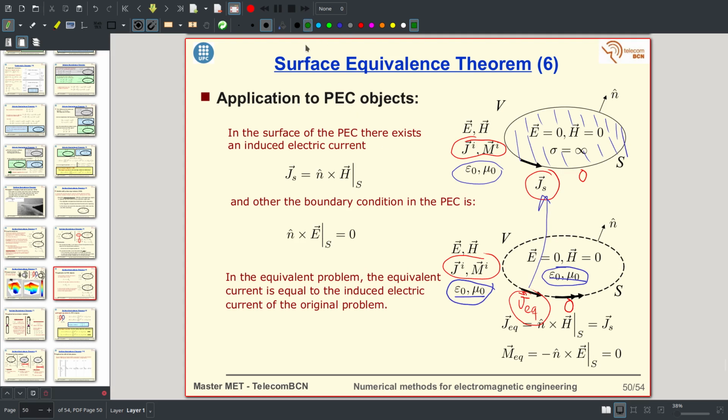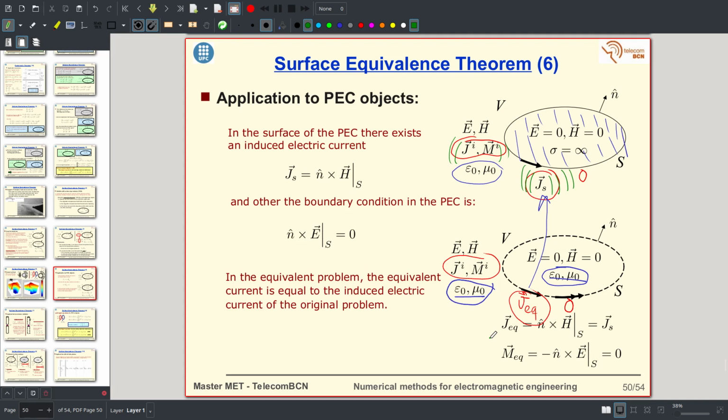I say as if because it's not what truly happens, but we do as if. The sources in the original problem radiated in free space. But what we are doing, in fact, is computing the radiation of the sources of the equivalent problem in free space, because they truly exist in free space in the equivalent problem.